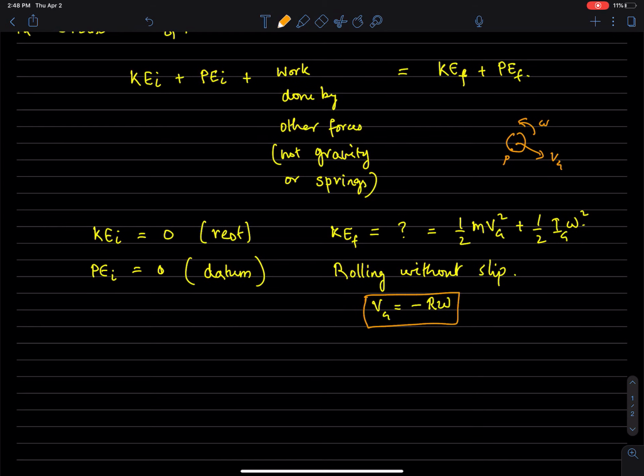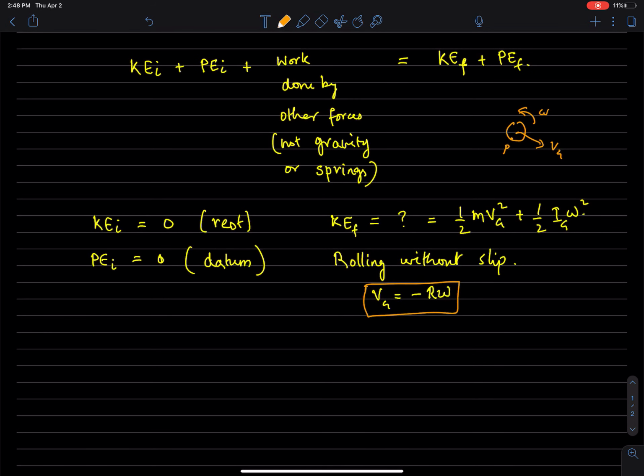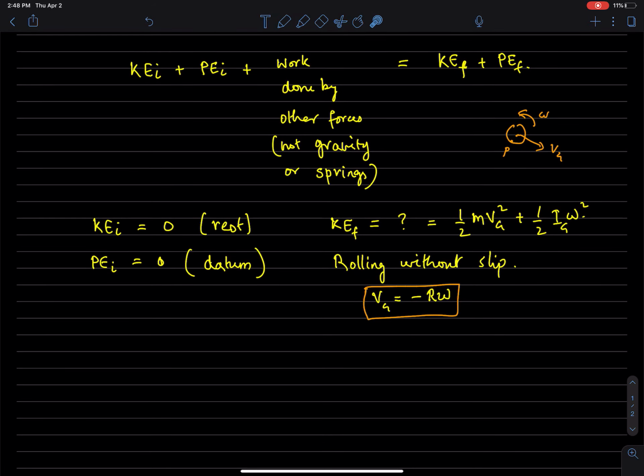We've done this a few times in the previous two homework, and you basically get v equals r omega, and depending on the sign convention of omega, we get either plus r omega or minus r omega. In this case, it's going to be minus r omega because if this point is at rest, this is r, this is omega. Velocity of this point is going to be r times omega, but in this direction, but vG is in this direction. That's why you get a negative sign there.